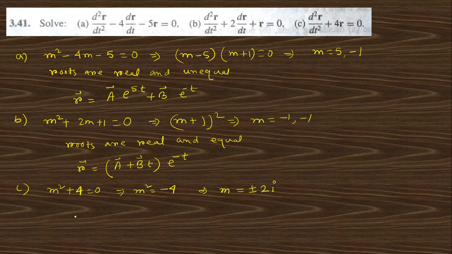So the roots are complex conjugates. The real part is 0, so the solution will be a vector sine 2t plus b vector cos 2t. Okay, this is the solution of this.